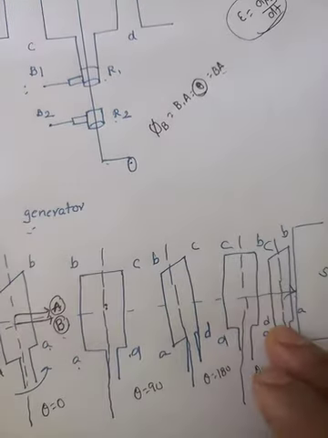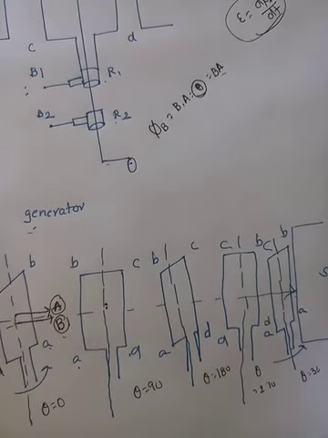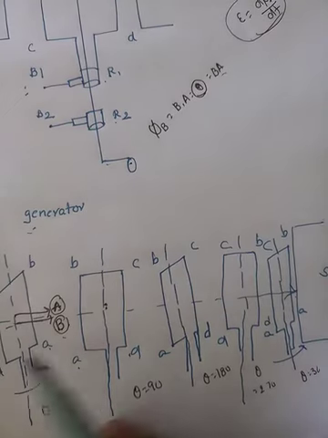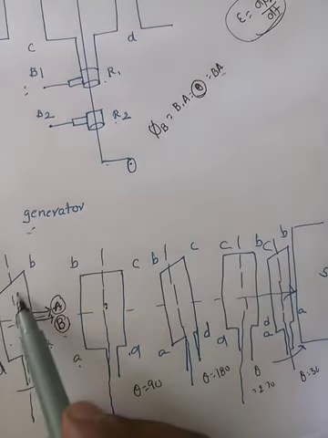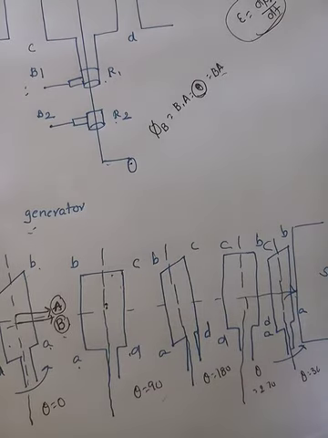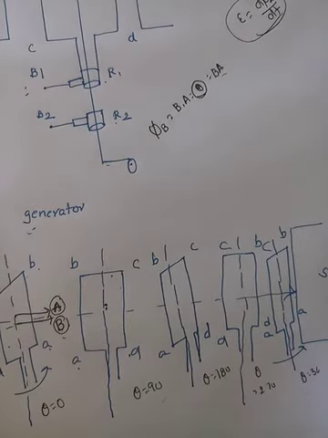In each and every case, we are changing the angle. For representation, I am changing from 0 to 90, 90 to 180. Generally, it can change from 0 to 10, 15, 20 like this. The induced EMF is 0 in the first case, then increases to maximum, then decreases again. In each half cycle it changes its sign.